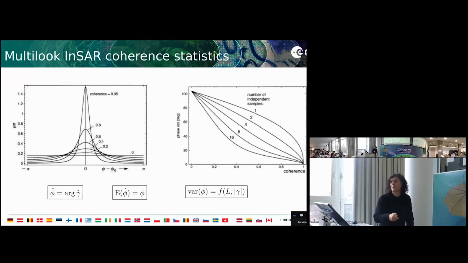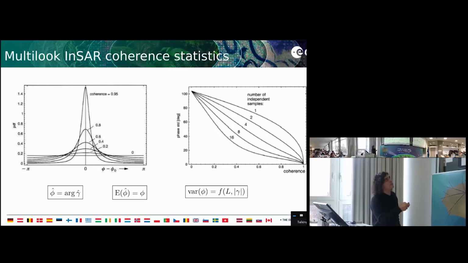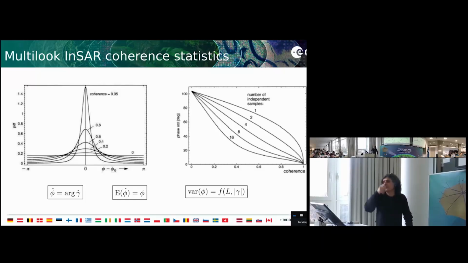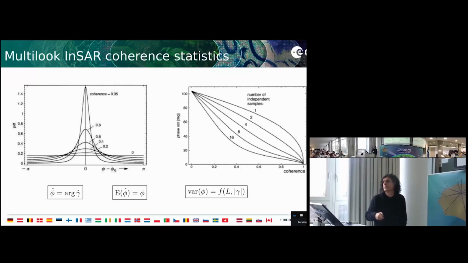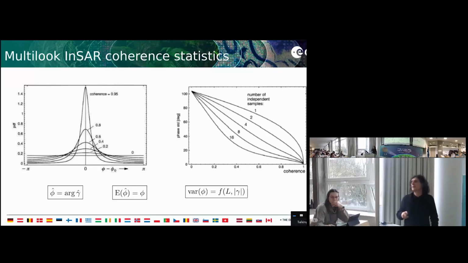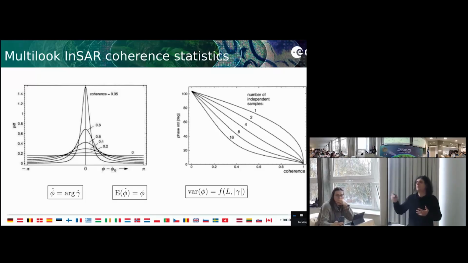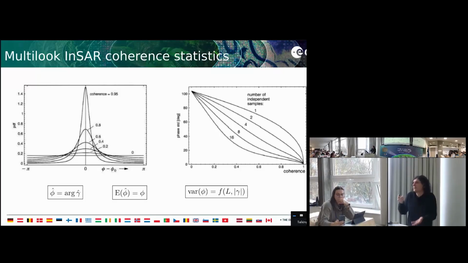Why is it bad? Because with this wide distribution, the probability to get phi 0 or to get phi 0 plus, I don't know, pi divided by 2, so 90 degrees, is almost the same. So you will measure a highly varying phase, because the coherence is not high enough. Most of the time this lack of correlation is not due to you, it's due to the environment which changes between two acquisitions.